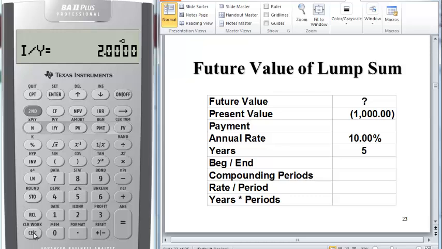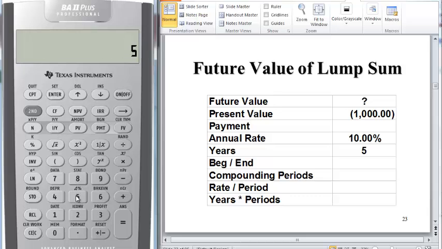So the first thing I want to do in my calculator is to go in and say second future value. That clears out everything associated with time value of money. Next, I'm investing this $1,000. So I'm going to say 1,000, and I'm going to make it a negative number. It's a cash outflow. It's an investment that leaves me. I'm going to put that in as a present value. My interest rate is 10%, so 10 is my IY.